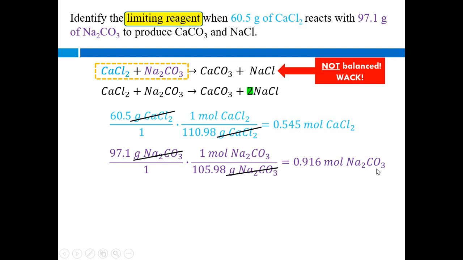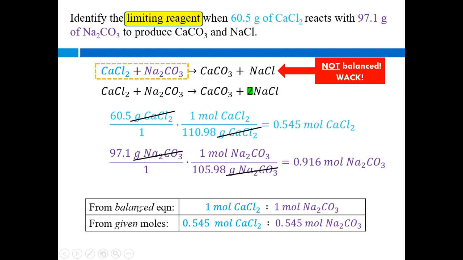But the thing you should pay attention to here is how to interpret these two outcomes that I have just calculated for you. So 60.5 grams of calcium chloride is essentially 0.545 moles of calcium chloride, and 97.1 grams of sodium carbonate is 0.916 moles of sodium carbonate. Now, what you notice from the balanced reaction is that the ratio between the two reactants on the left side is 1-to-1.